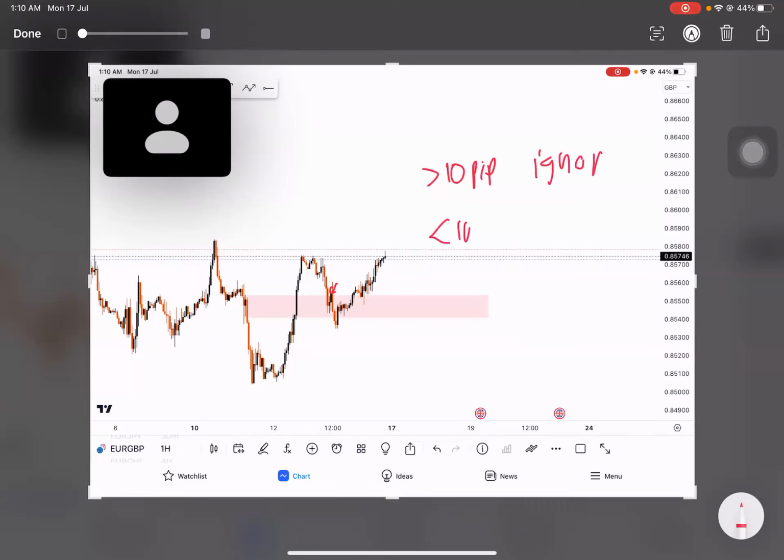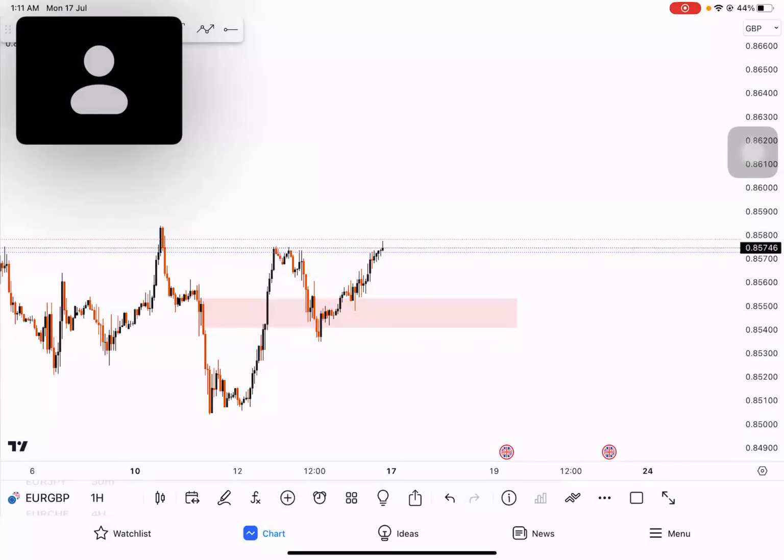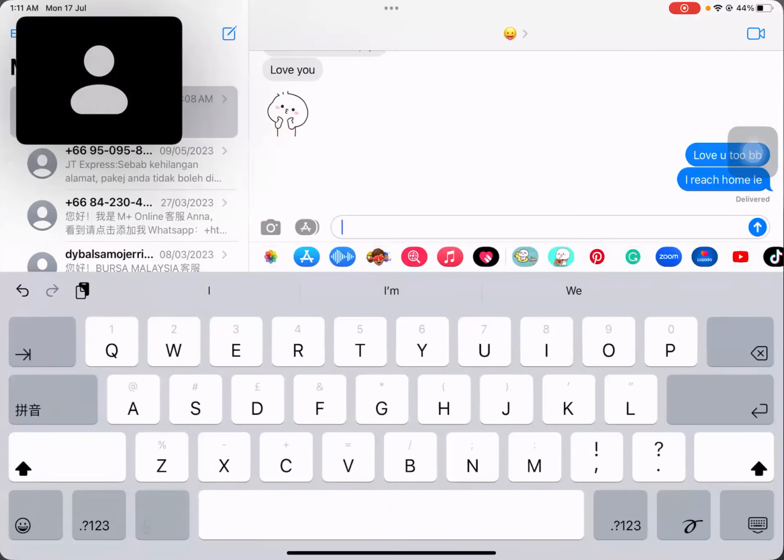Less than 10 pips away from the zone, you can try to get in with small lots. When it is in the zone, you enter with the normal lot size. For those with $100, I would advise you, if the price is not in the zone, better not to enter, because your risk is very hard to control already.